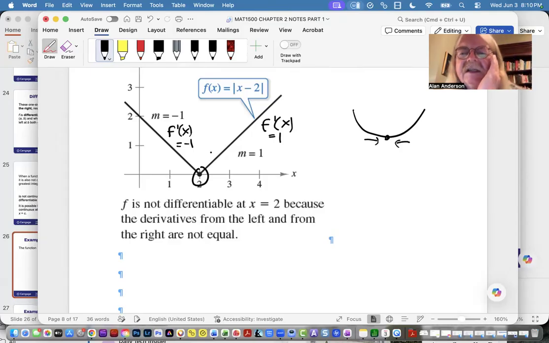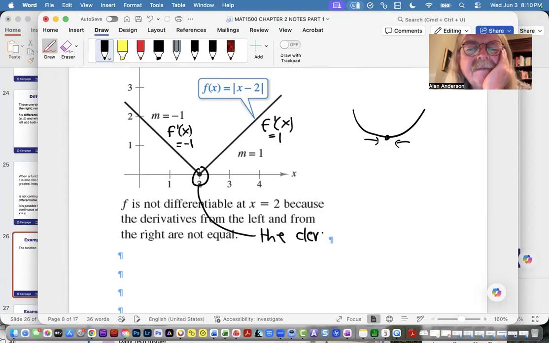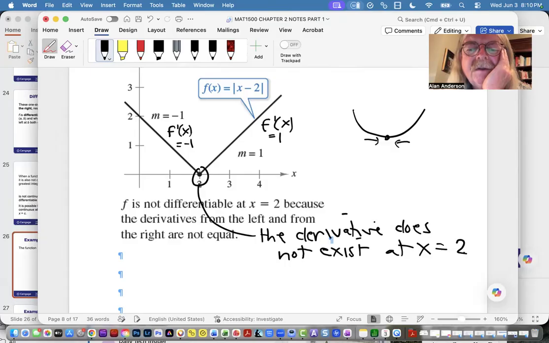So when you see a sharp point in a graph, that means that the derivative does not exist at x equals 2. But the derivative on this side is 1, as you just see here. And on the left-hand side, it's -1.